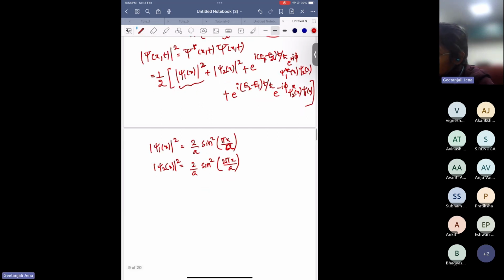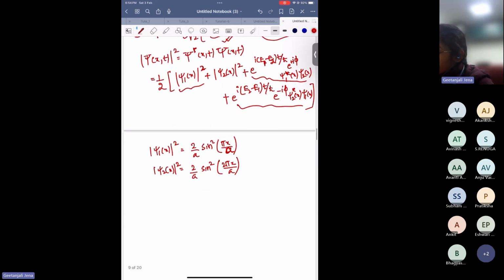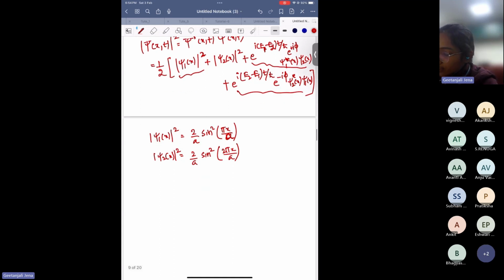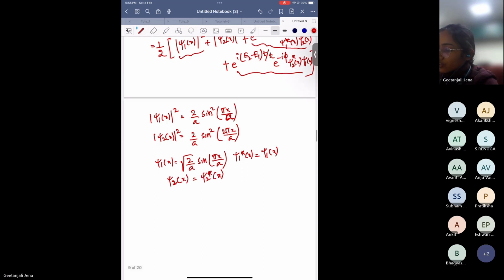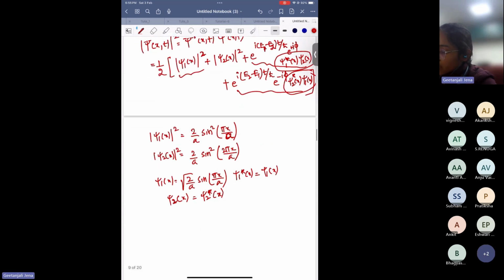And the third term, this term and this term, if you see it, has one common factor. Like you know that in 1D psi 1 x is given by root 2 by a sine pi x by a. So if you take the complex conjugate psi 1 star x, then this is equal to psi 1 x, right? Similarly psi 2 x must be equal to its complex conjugate. So these two terms are the same, so we can factor it out.